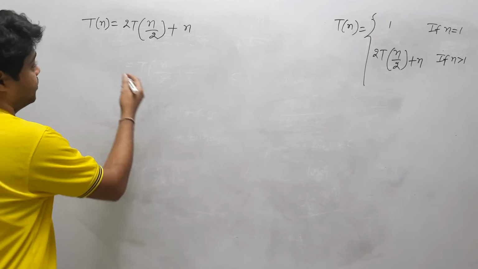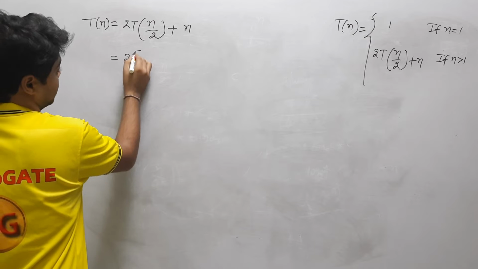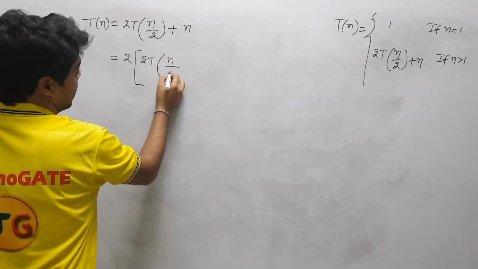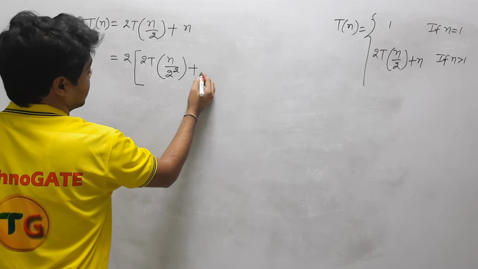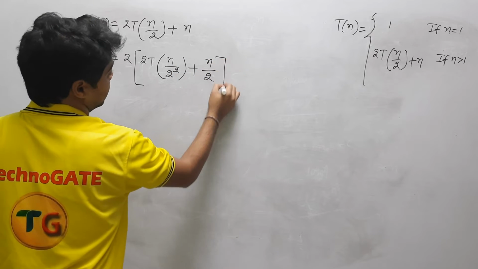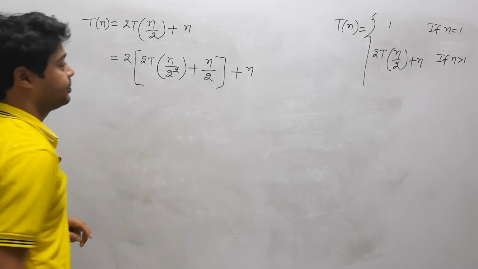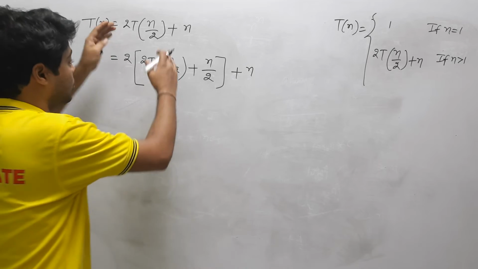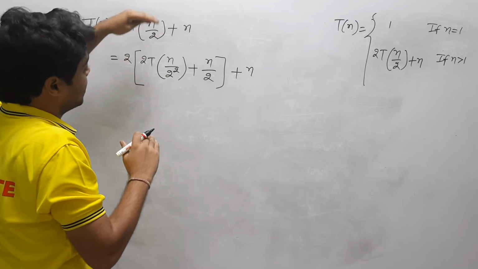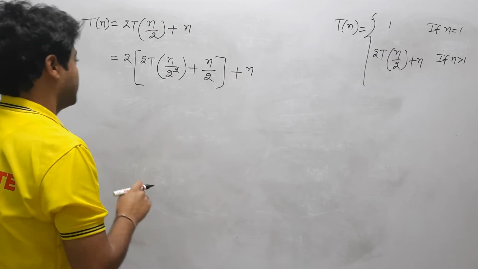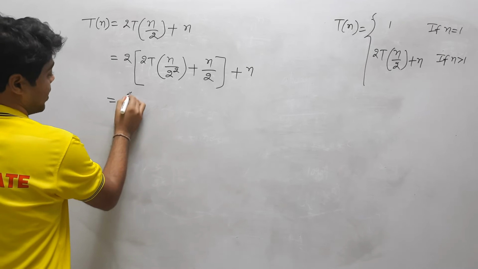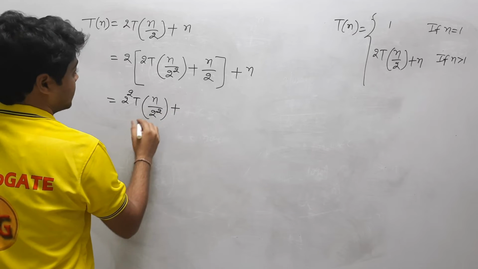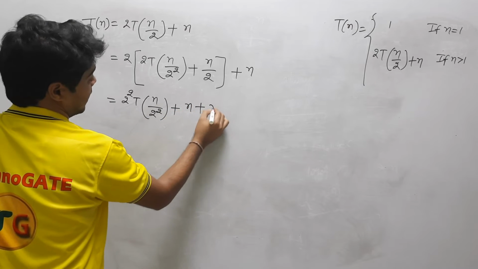So what will happen here? Put the function again and again. We get 2T(n/2^2) + n/2 + n. Putting again and again, 2T(n/2) becomes 2T(n/2^2) + n/2, and n is separate. So we get 2^2 T(n/2^2) + n here.